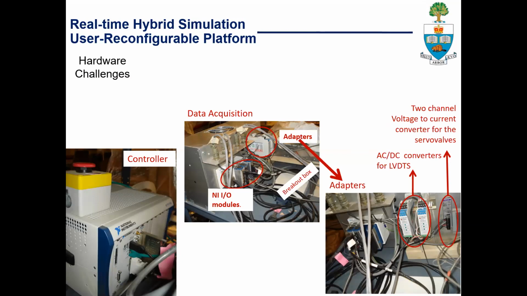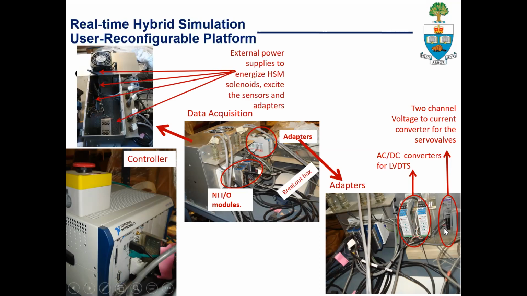For example, in order to drive the servo valve, you need plus minus 40 milliamp control signal, but all you can issue from NI instruments is plus minus 10 volts. So we needed to get voltage to current converters, and all of these came with their own power supplies to energize the HSM solenoids and excite the sensors as well as these adapters.